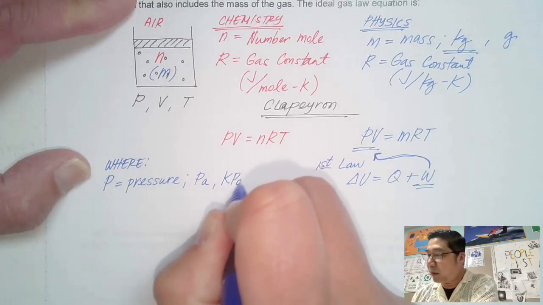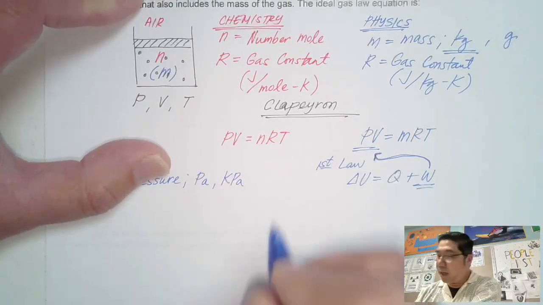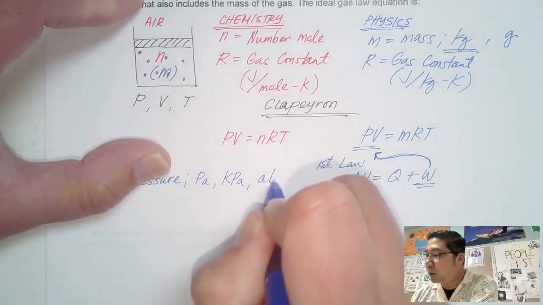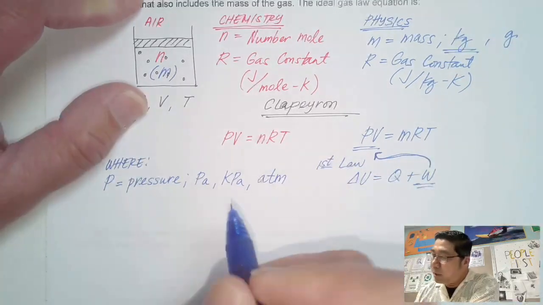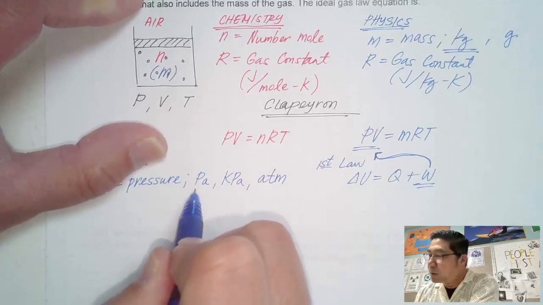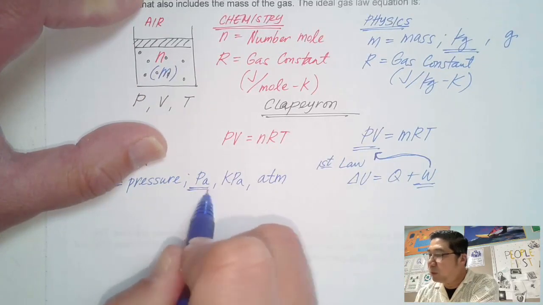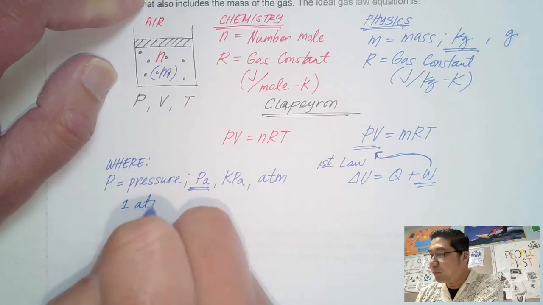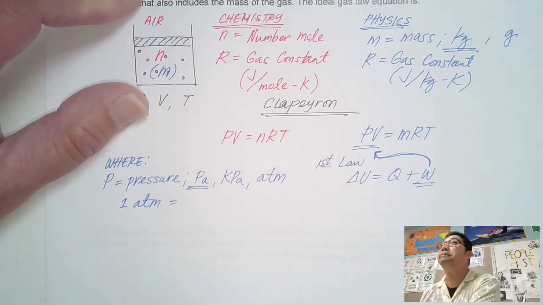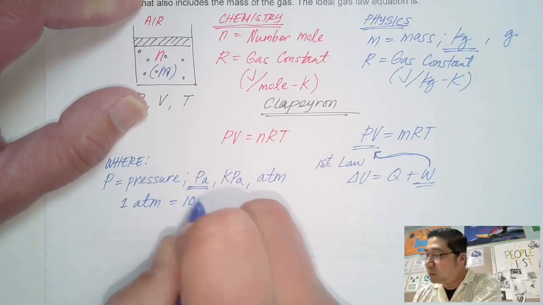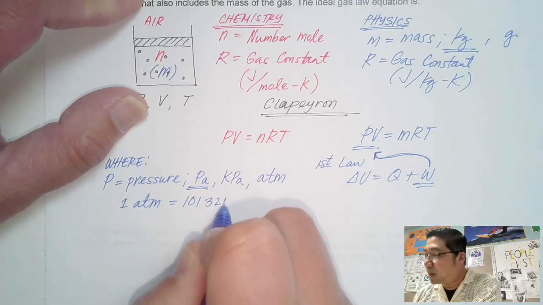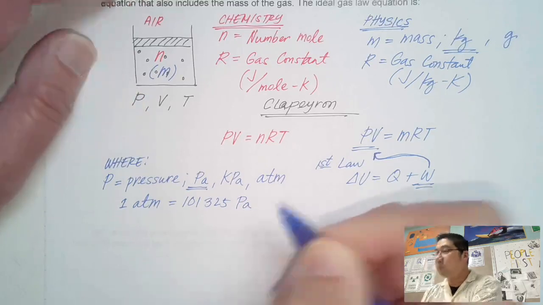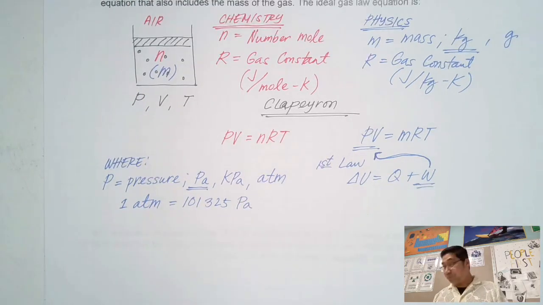We can encounter kilopascals, and sometimes you will see atmosphere. So pascals is the unit that we're going to use. What is 1 atmosphere equivalent to in Pascal? 101,325 pascals. You must memorize that value.